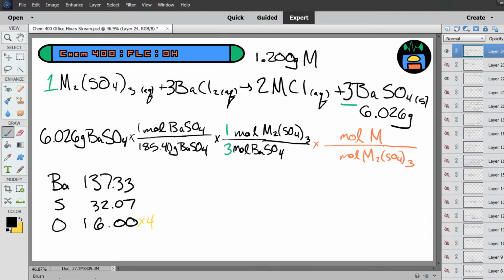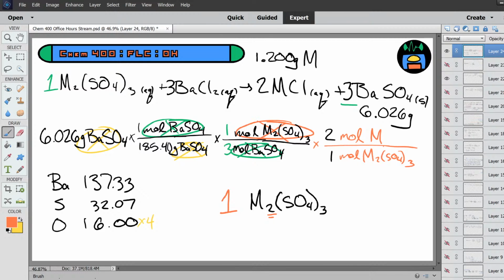You get this unit conversion from the chemical formula, because 1 mole of this molecule contains 2 moles of that metal. So this is a 1 to 2 molar ratio. Now you'll notice that grams of barium sulfate cancel. Moles of barium sulfate cancels. And then moles of the metal sulfate cancels, leaving us with moles of metal.